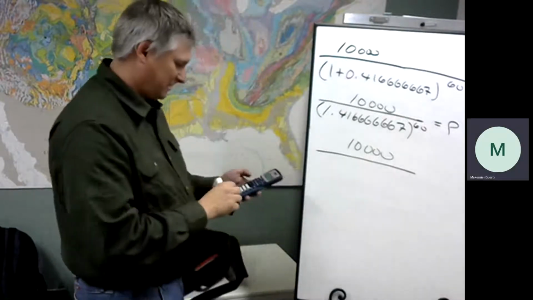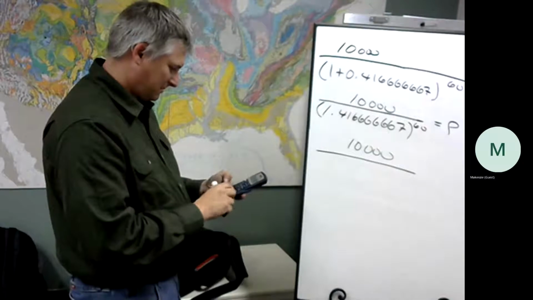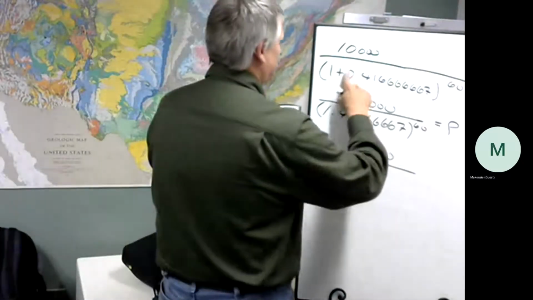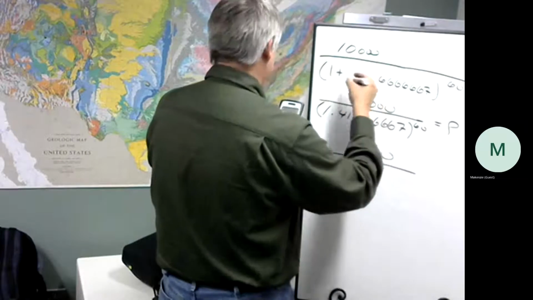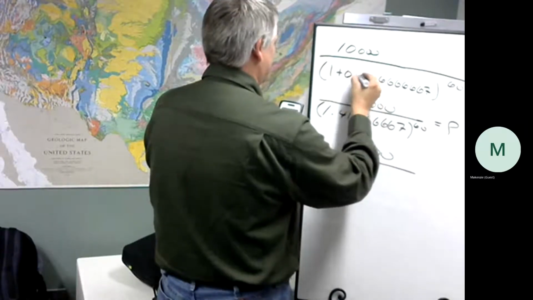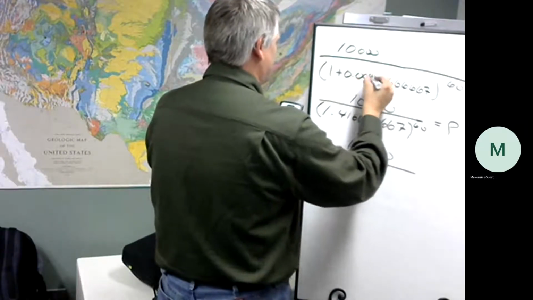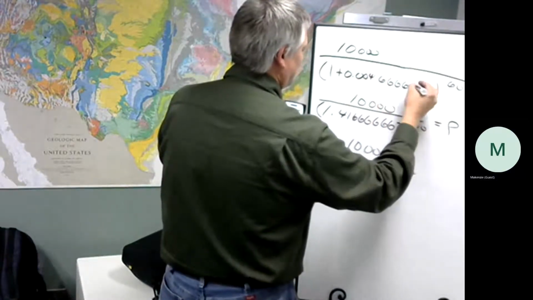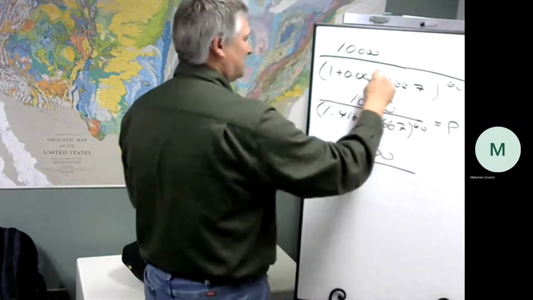Let me check something here real quick. Oh, shoot, sorry, I made an error. There's some zeros here. 0.004. And then that's better. So there's some zeros in here.